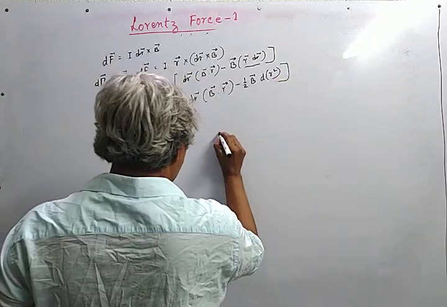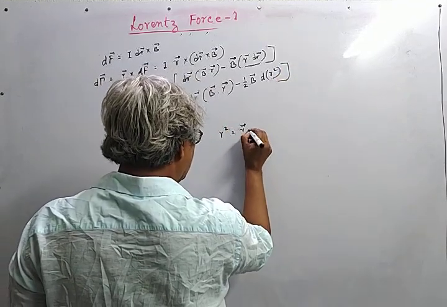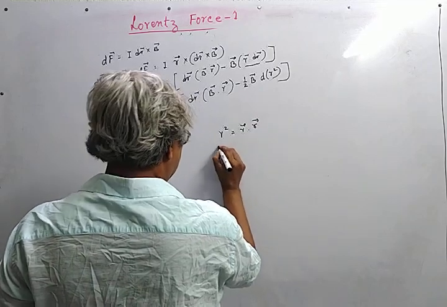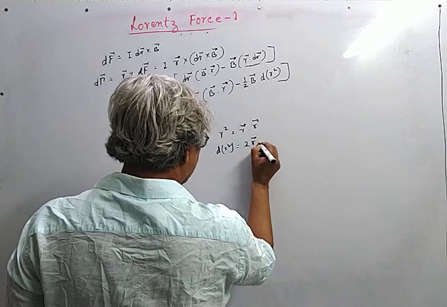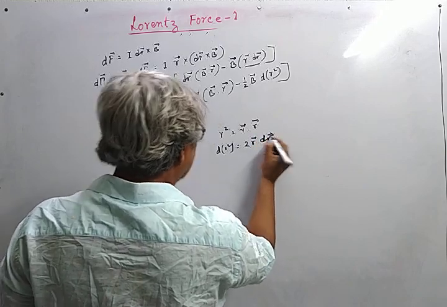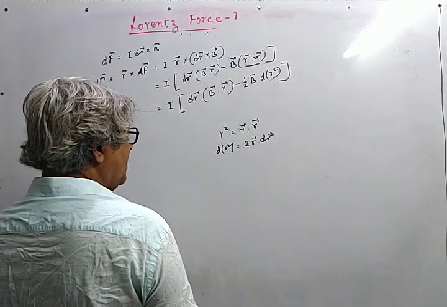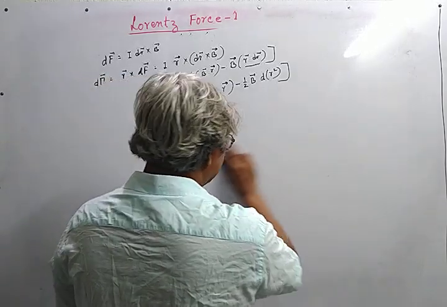We have written r square is equal to r dot r, so that d of r square is equal to twice r dot dr. That is the term. The factor 2 has been adjusted.